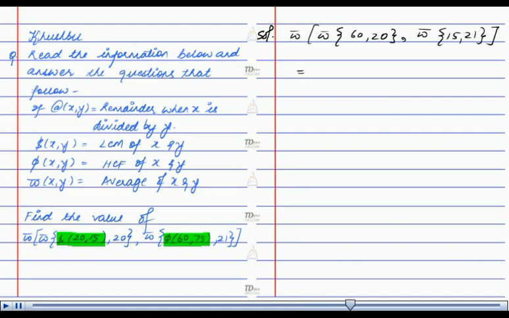Next, simplifying omega of 60, 20 and omega of 15, 21, that is the average of 60 and 20 and the average of 15 and 21, we get the expression as omega of 40, 18. Again, finding the average of 40 and 18, we get 29, which is the required solution. Thank you.